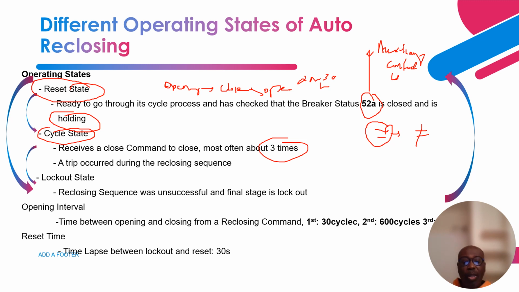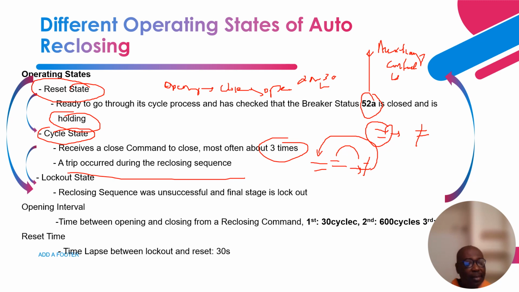So if the auto recloser receives a command to close, from open to close, and once it closes, it trips back open, that is what is called a cycle state. Then it receives another command to close. So that is basically what it means by the cycle state.